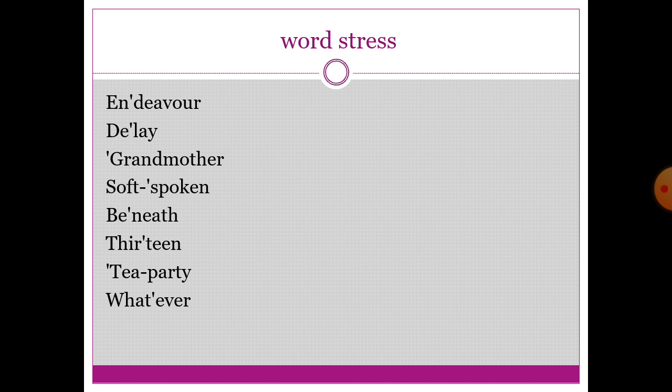So whenever the words end in ever, self and selves, we mark stress on the second part of the word. Here the second part of the word is ever. The ever is stressed. So always the stress is on ever. So here we stressed ever. Here we applied rule 2.